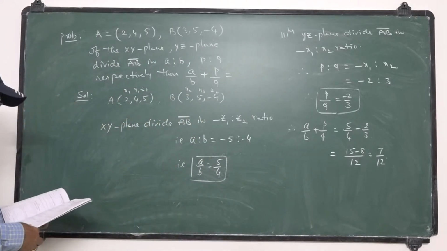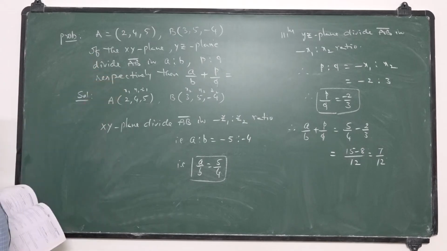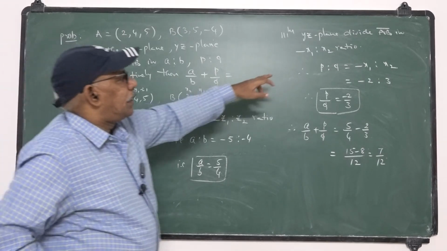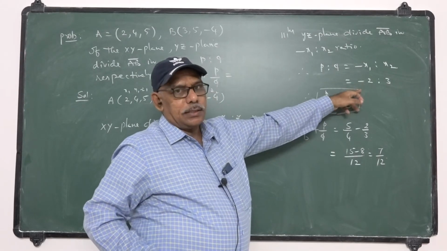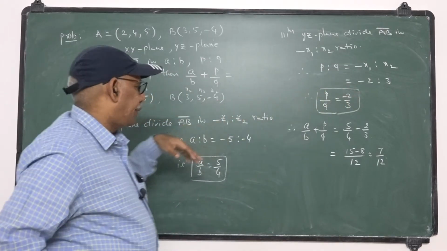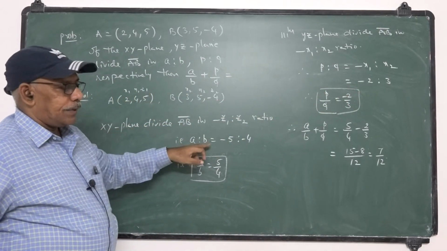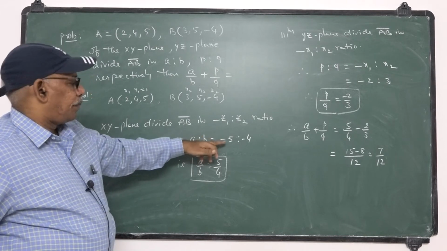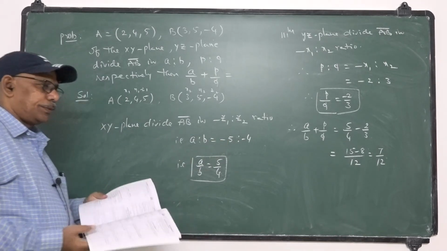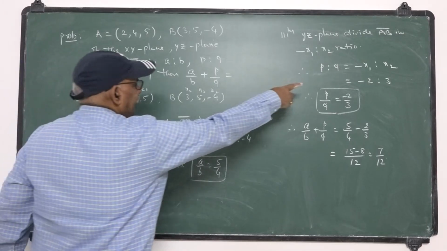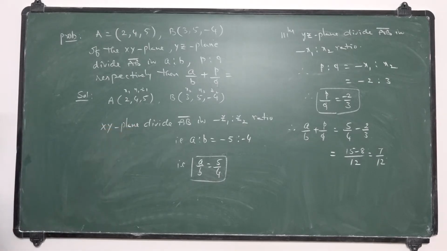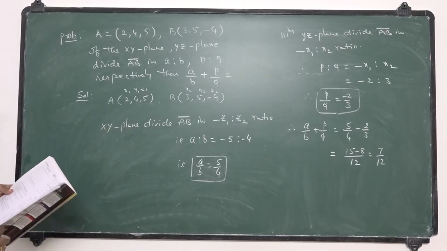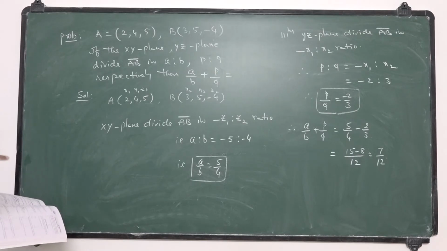Here the YZ plane divides the line segment AB externally in the ratio 2 is to 3, whereas the XY plane divides it internally in the ratio 5 is to 4. The ratio is positive here, whereas the other ratio is negative. Once the ratio is negative, it comes under external division. Once the ratio is positive, the division comes under internal division. So the XY plane divides AB internally and the YZ plane divides it externally.